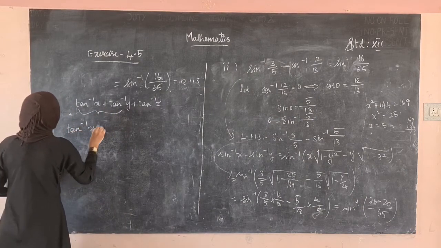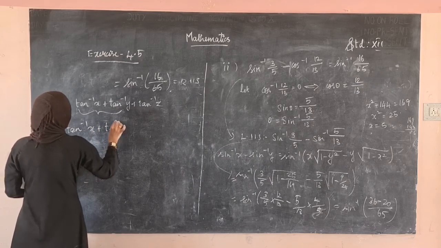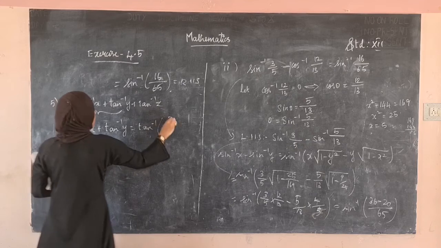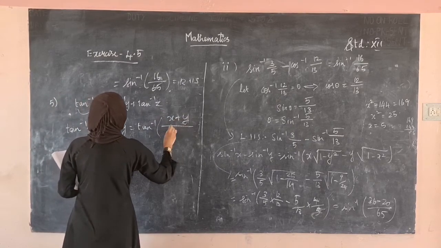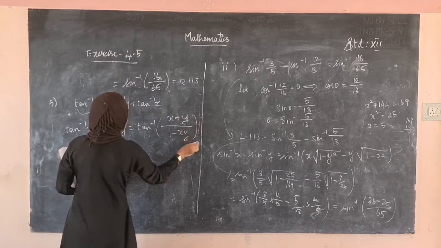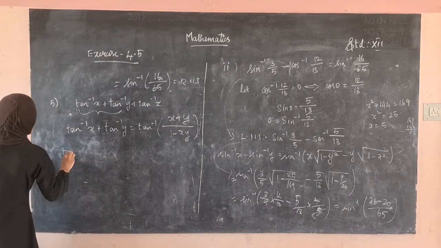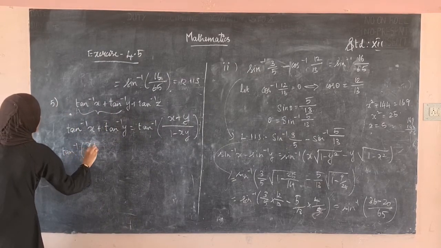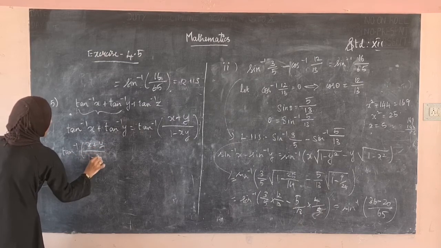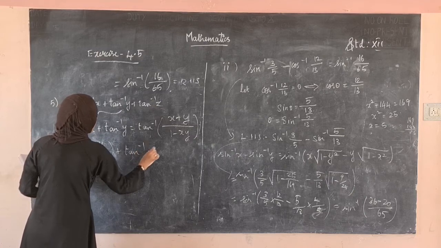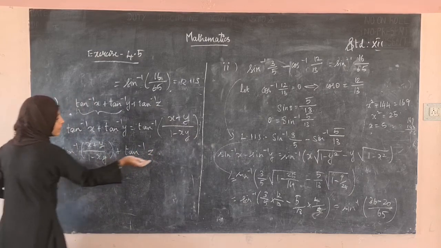Tan inverse of x plus tan inverse of y. What will be the formula? Tan inverse of x plus y divided by 1 minus xy. Right? So this can be written as tan inverse of x plus y divided by 1 minus xy plus tan inverse of z. Now this is one term and this is one term.